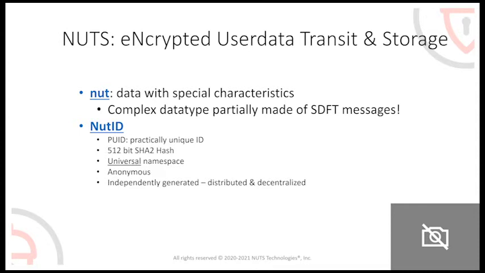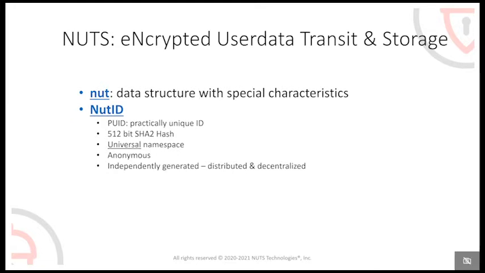Unlike a UUID or GUID, we consider this a universal namespace and it is purely anonymous because we don't put in any kind of structured naming convention like a UUID or GUID. And then obviously it could be independently generated in any manner possible in your computer alone, in your CPU and environment alone.